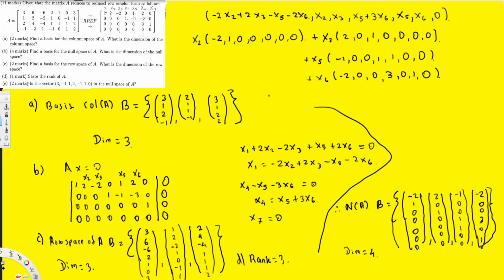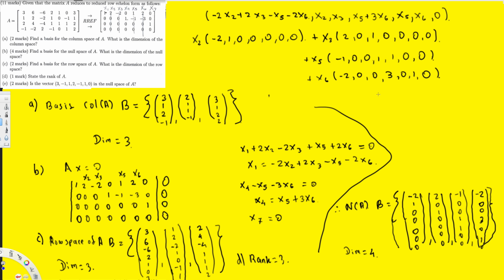And the E question is asking, is the vector 3, minus 1, 1, 2, minus 1, 1, 0 in the null space of A? So what we have to do is set this into the Ax equals 0 pattern. I continue here, maybe in a different color to avoid confusion.